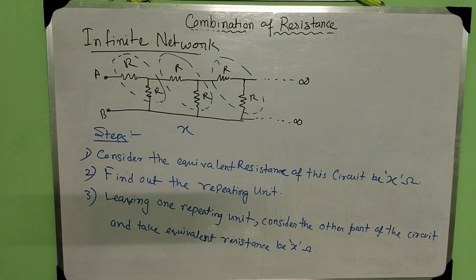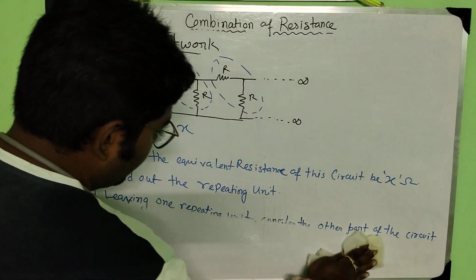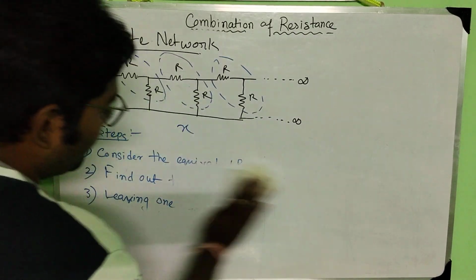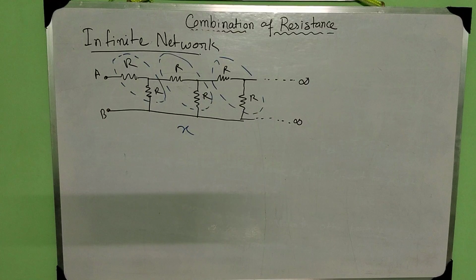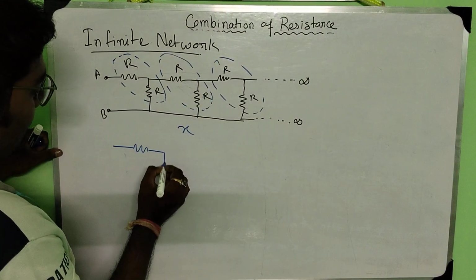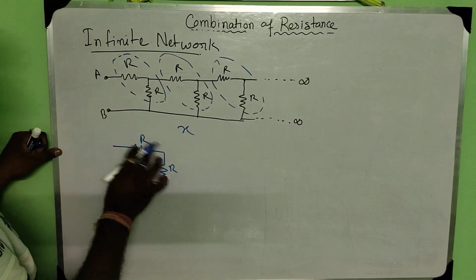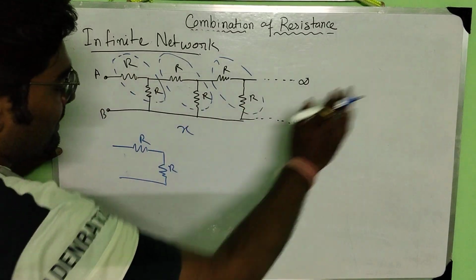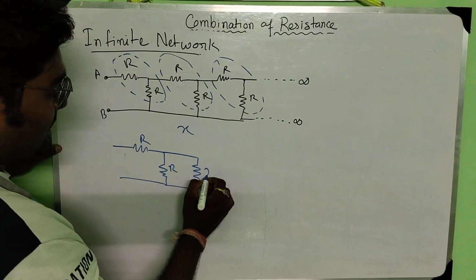Okay. So we will follow these steps. What are the steps that we will follow? So this is the repeating unit, and the other part of the circuit, its equivalent resistance is x ohm.